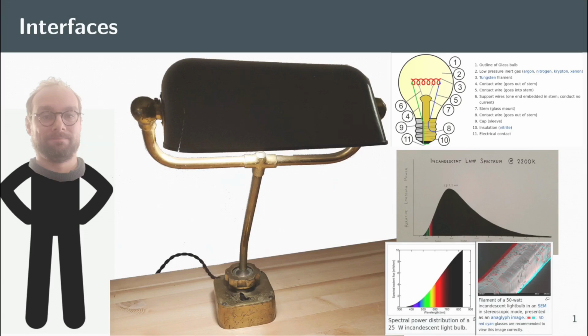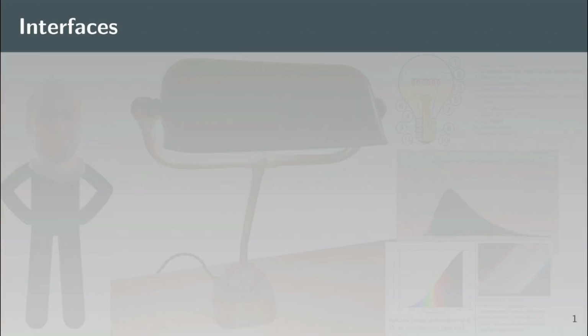Outside users only need to know the interface of the object, meaning the collection of its public-facing services. In this case, that is the little switch down here, which allows me to switch the lamp on or off.